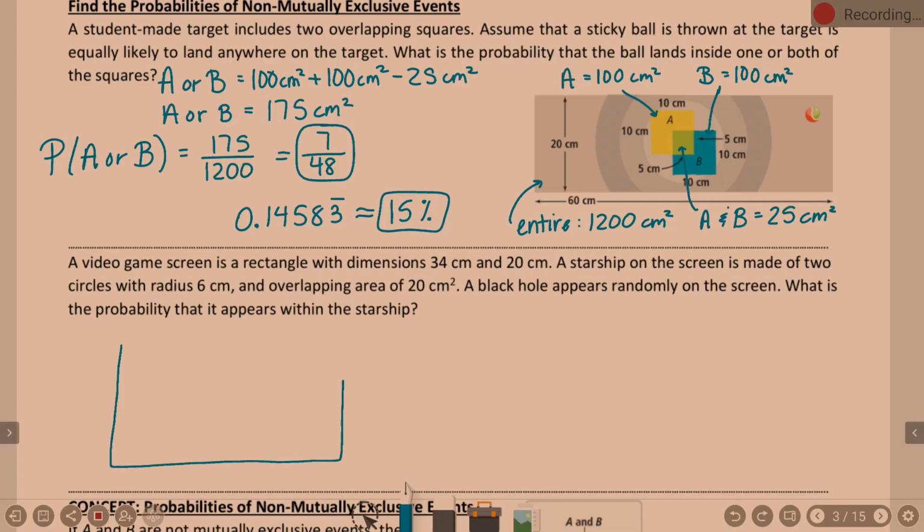What do we know about said rectangle? It's 34 by 20. That's a small screen. Okay. And the starship is made of two circles with radius 6.